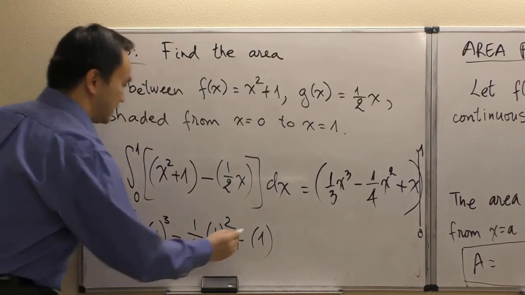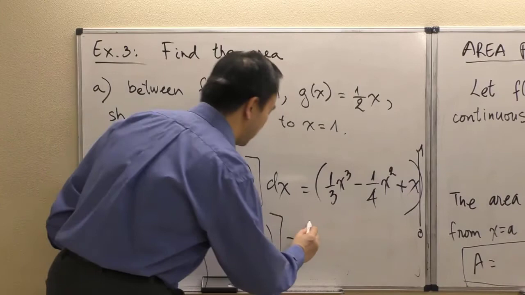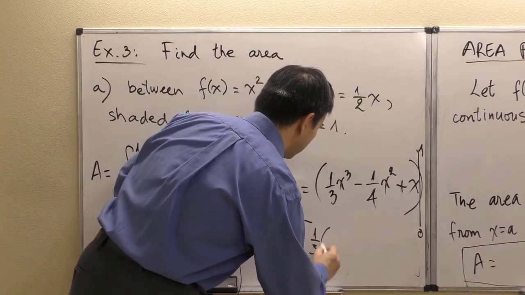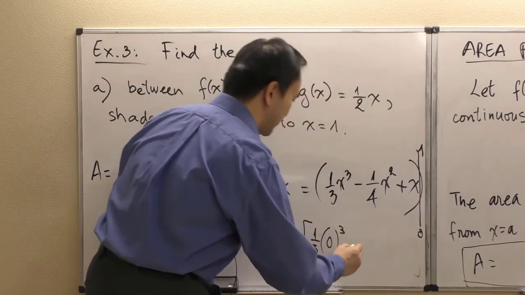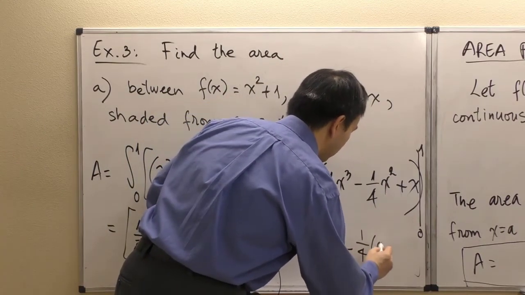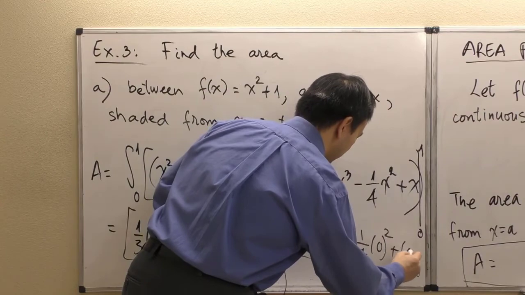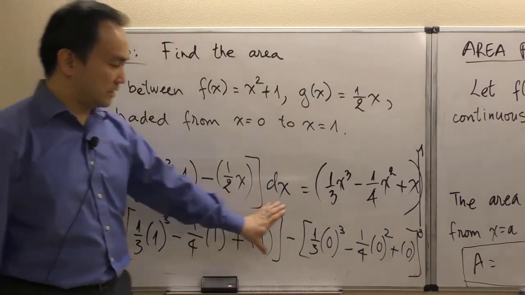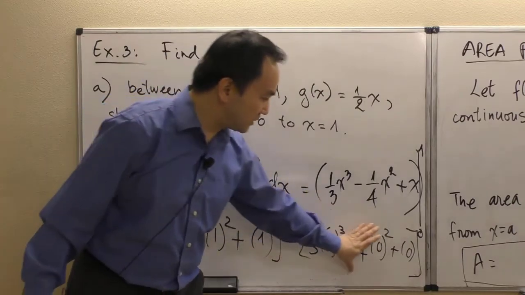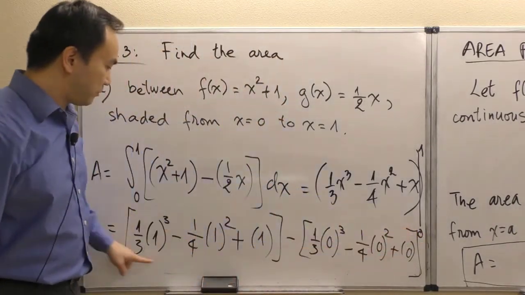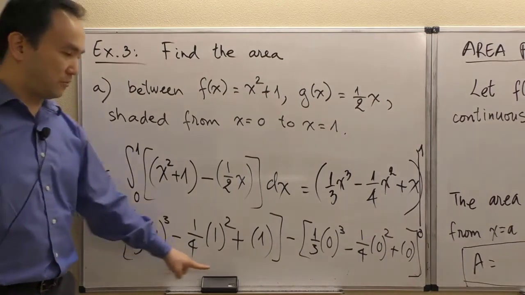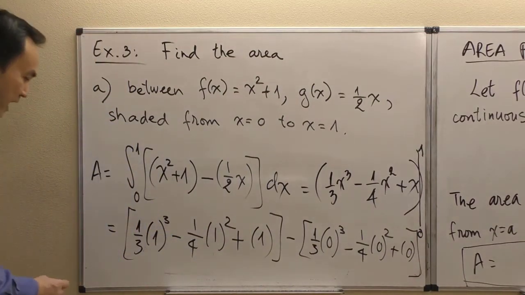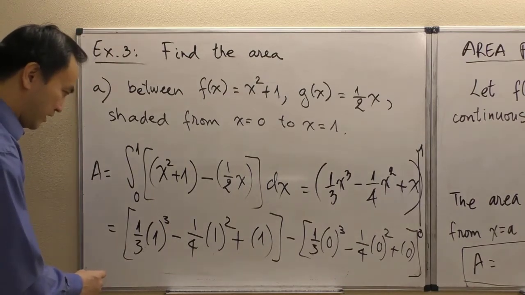And then I'm going to subtract out the other part: 1/3 times 0 cubed minus 1/4 times 0 squared plus 0. Anyone can easily see that all this here is a 0. So we mainly only have to take care of what that value comes out to be.